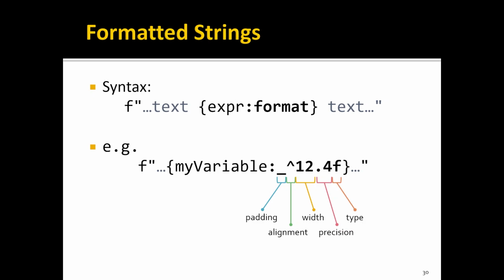And lastly is the type specifier, F here. And this indicates that we want the number to be formatted as a floating point number. Now we won't need the type specifier much in this course. It can be other types if needed, though F-strings do a pretty good job of not needing to care what type is actually being interpolated. As we saw before, we can interpolate strings and numbers pretty much the same way. But when we're formatting them, the reason we need to use the floating point type specifier sometimes is because it changes the meaning of the precision specifier, as I just mentioned.